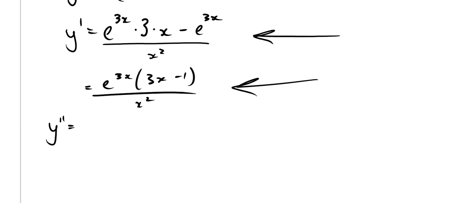I'm going to use the second line. So derivative of the top, which is product rule. So then I go into product rule, which is the derivative of the first thing, e to the 3x times 3, times the second thing, 3x minus 1, plus the first thing, times the derivative of the second thing, which is that whole polynomial expression, which is just 3.